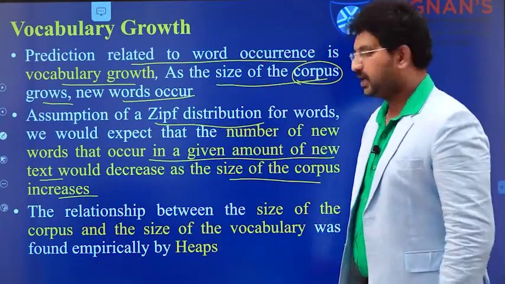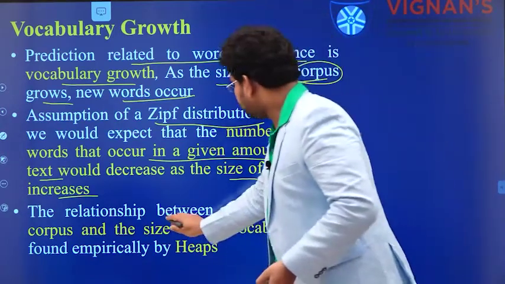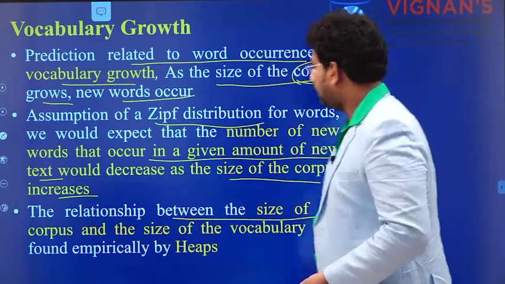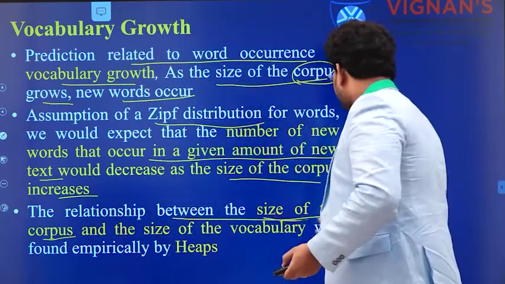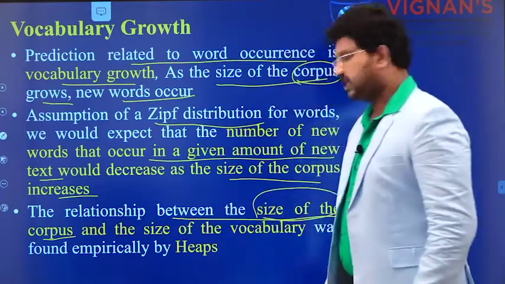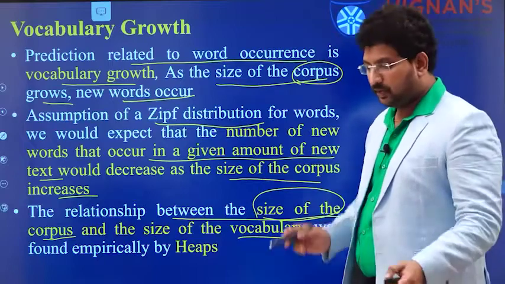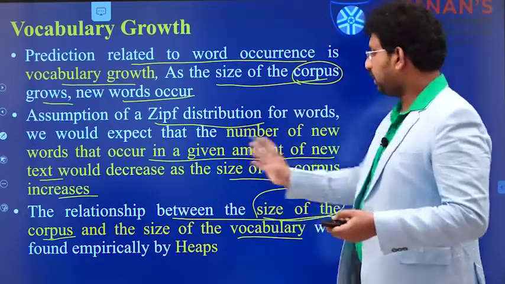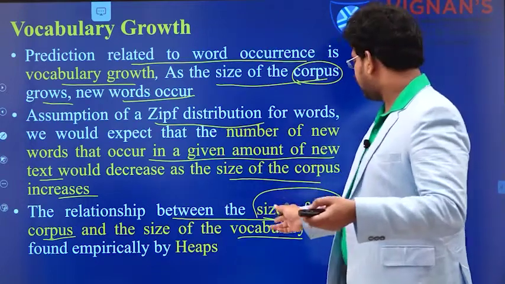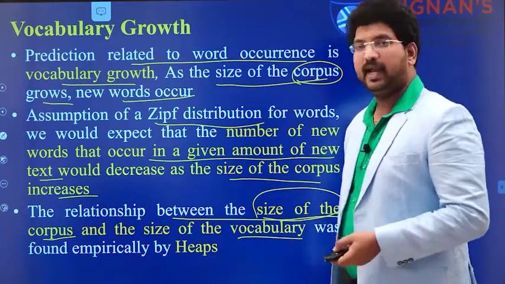What we are going to know from this is a relationship: the relationship between the size of the corpus and the size of the vocabulary, which was found empirically by Heaps.